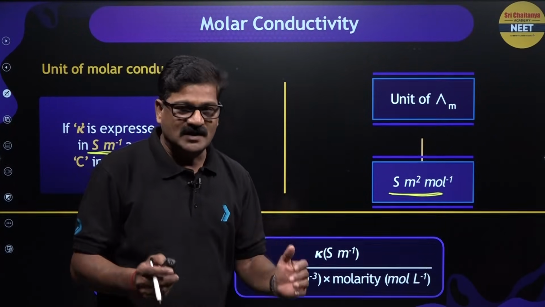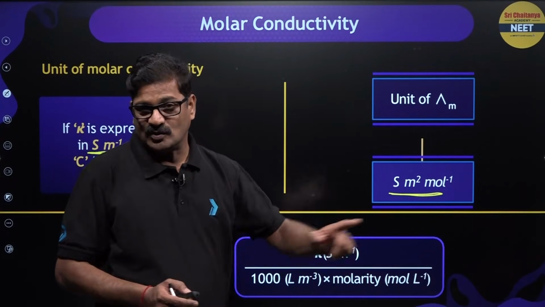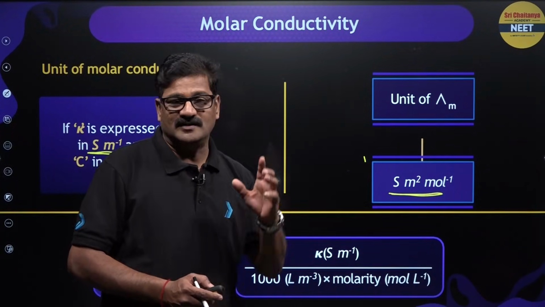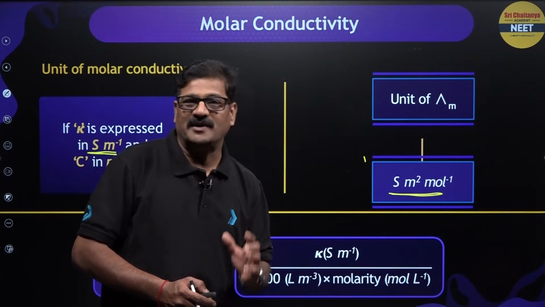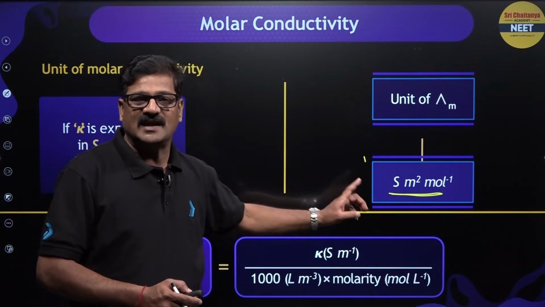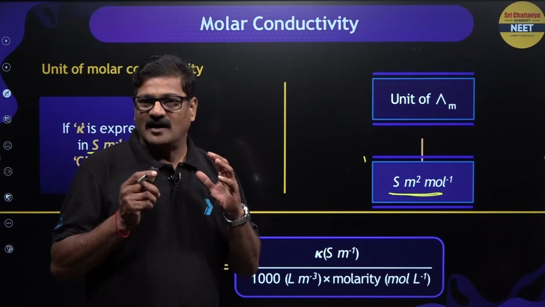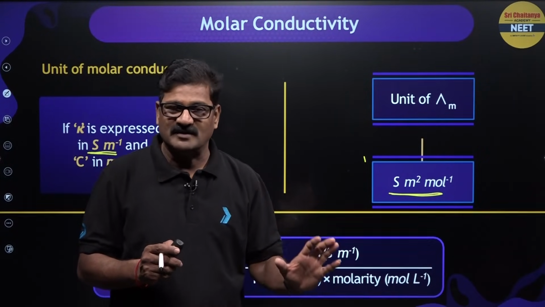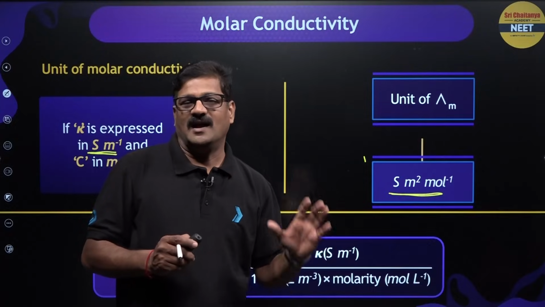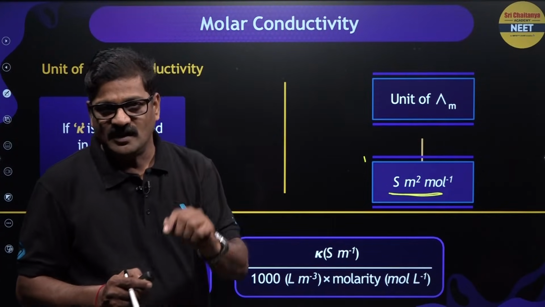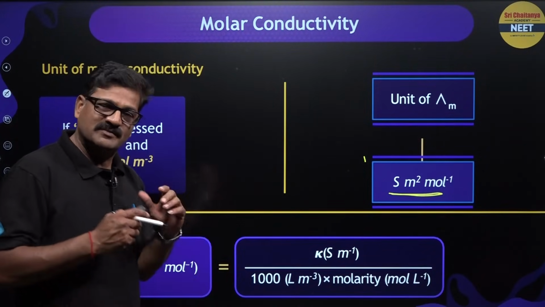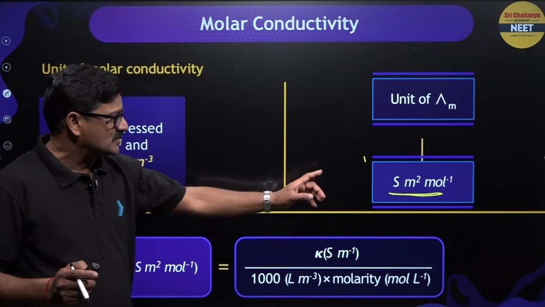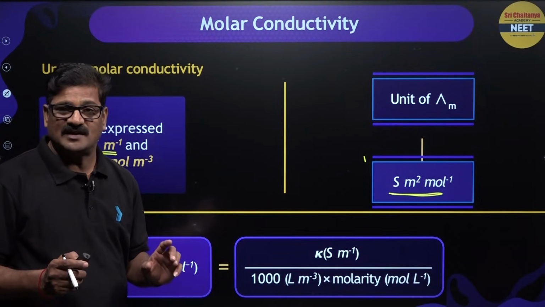Generally NTA follows SI units, so it is very important. Take a pen and paper and note these SI units, and always use SI units on paper, but experimentally it will be given in centimeters and mole inverse. Experimentally centimeters are used and in numericals meters are used. So Siemens meter square mole inverse is the SI unit.